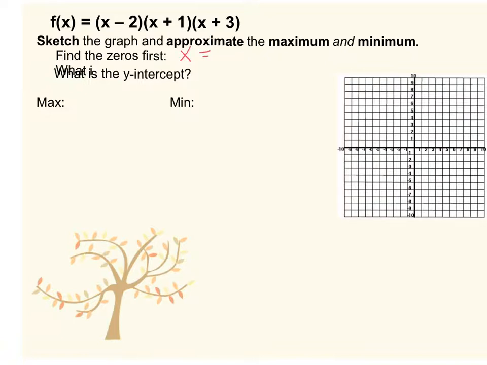The first thing I want are the zeros, and from the first factor I see there's a 0 at 2. From the second factor I see there's a 0 at negative 1, and there's a 0 at negative 3. Now one other thing to notice here is a, the leading coefficient is 1, which is positive, which tells me that the graph is going to take on some shape like that, with the left tail going down and the right tail going up.